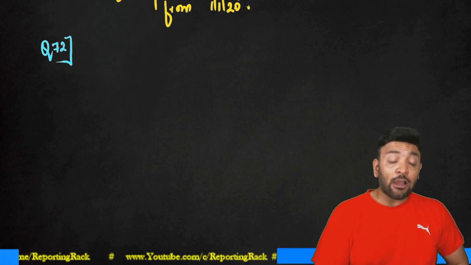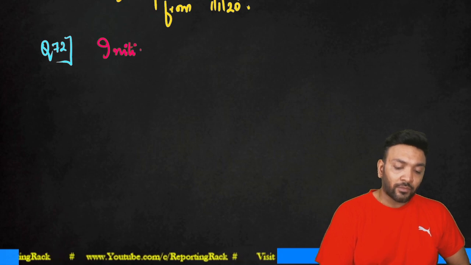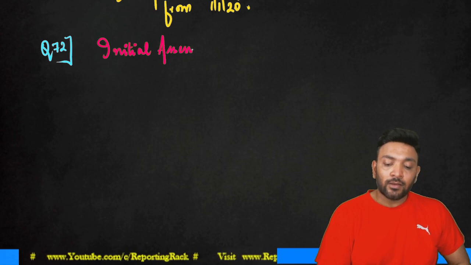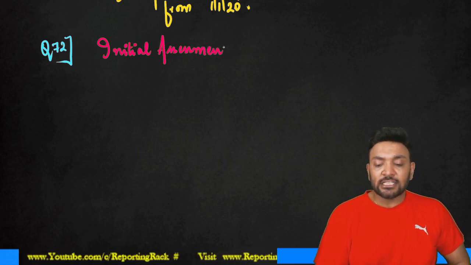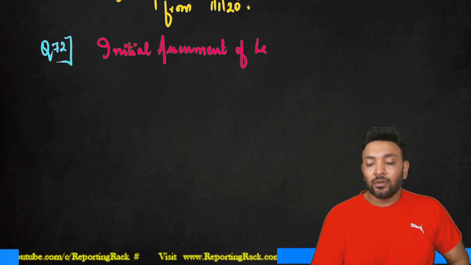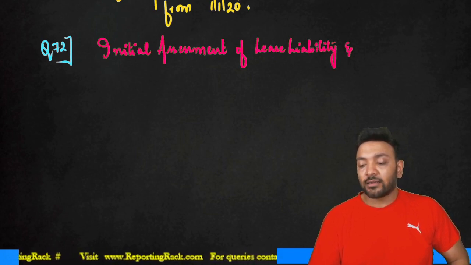First, put the heading of initial assessment of lease liability and ROU asset.